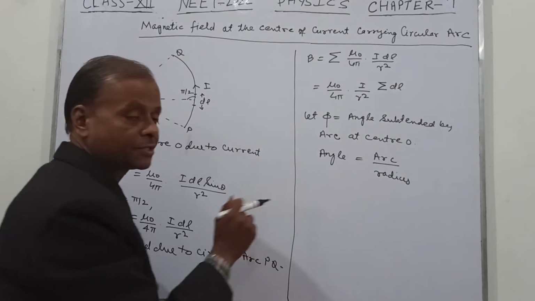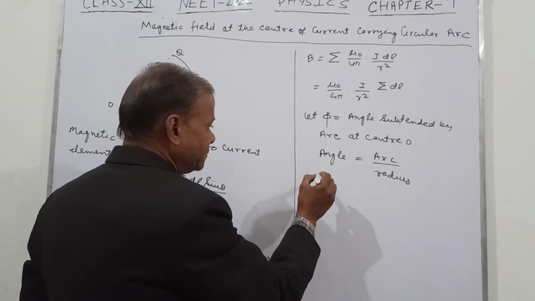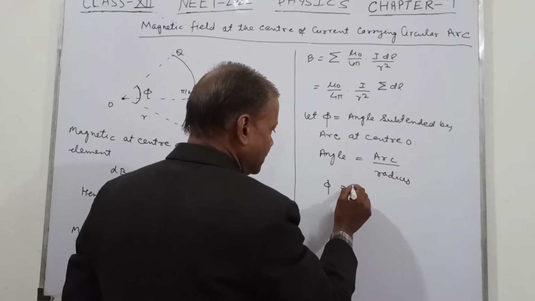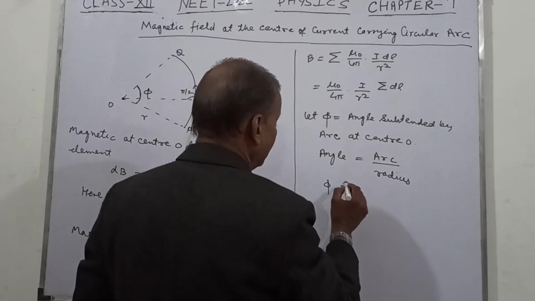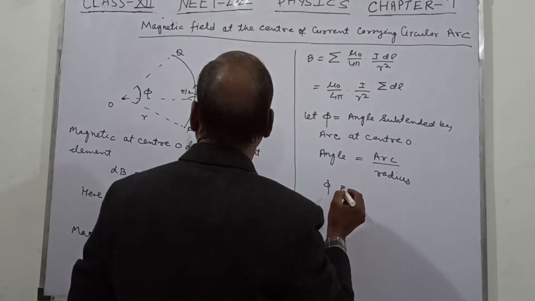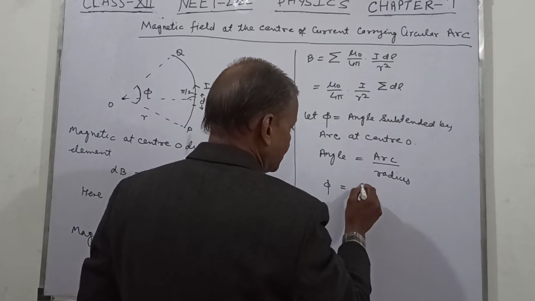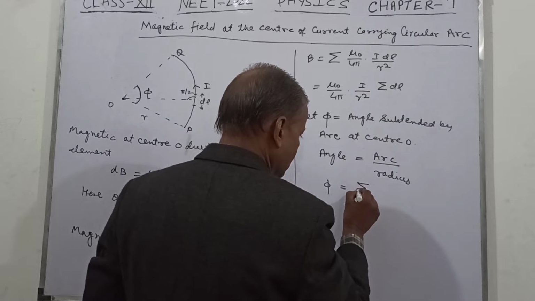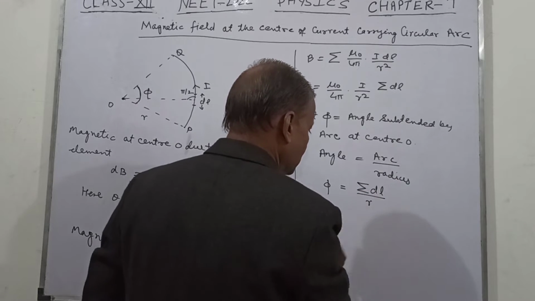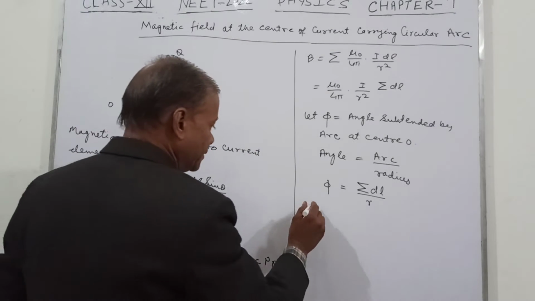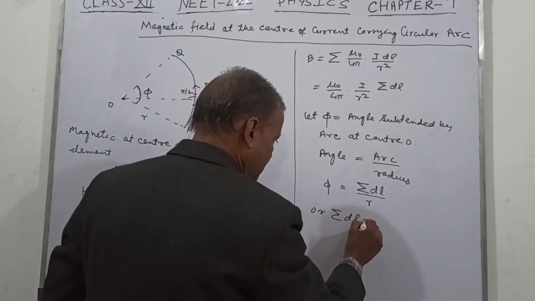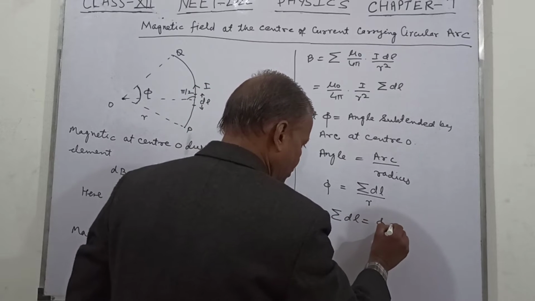This is our simple formula. So phi is equal to the length of this arc, which is summation dl, upon radius. Or summation dl is equal to phi into r.